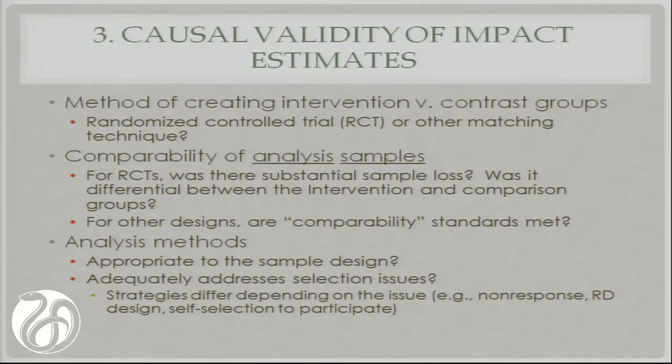Second best is some kind of matching technique, whether it's propensity score matching or instrumental variables. Sometimes people just throw in a bunch of control variables. I think we need to think really hard about where we draw the line in these matching methods and what kinds of tests we can put into place, rather than just taking the study author's report of how these groups were formed and citing some method studies that argue that this is a good method.